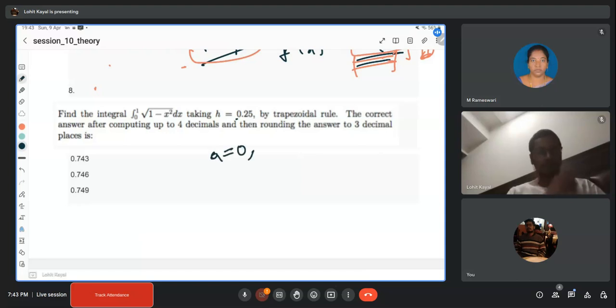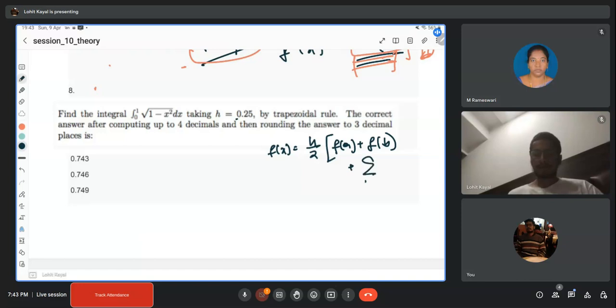Remember the formula for the trapezoidal rule, that is f of x equal to h by 2 times f of a plus f of b, plus the summation i equal to 1 to n minus 1 of 2 times f of a plus i h.